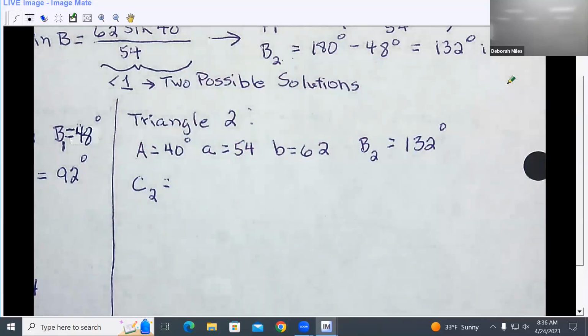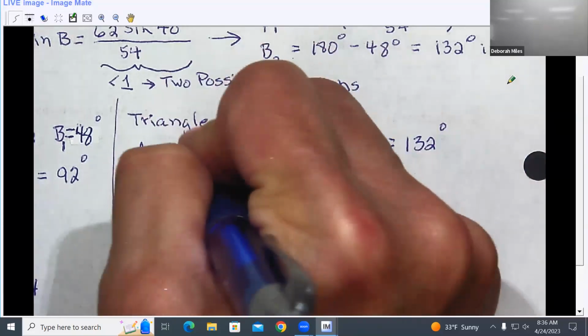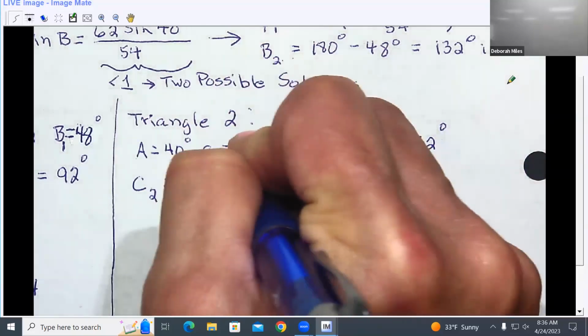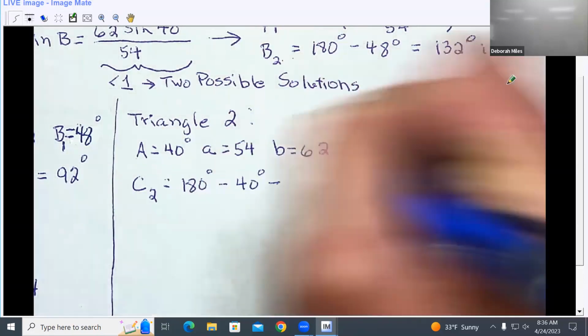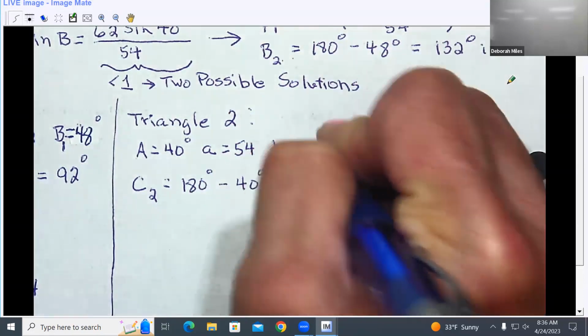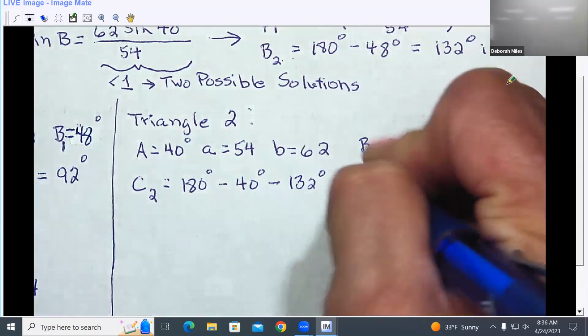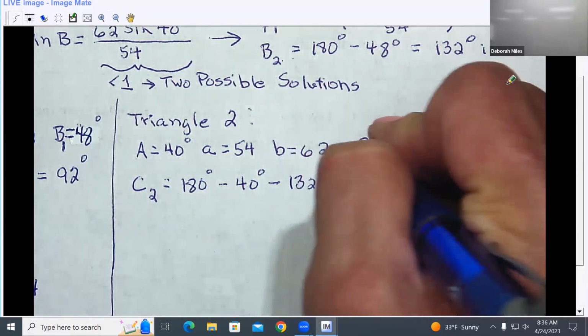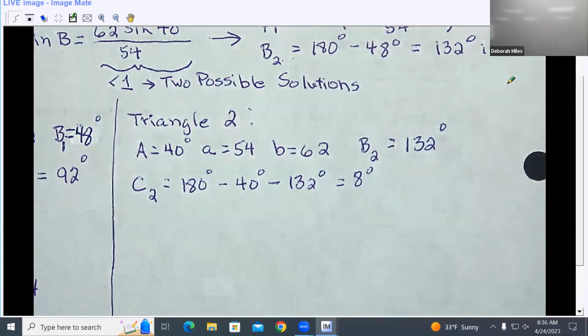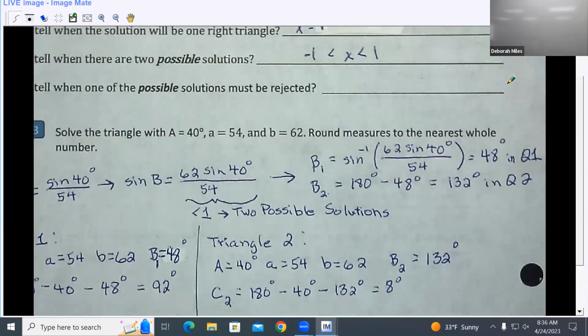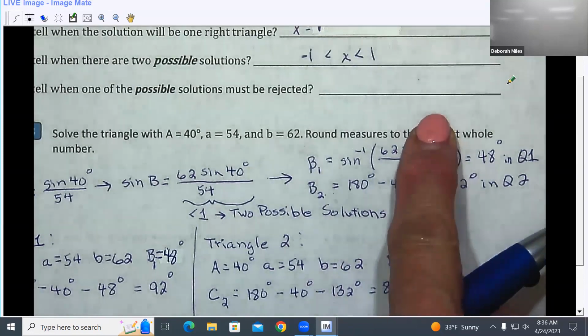C2 would be 180 minus 40 minus 132. That's just 8 degrees. Now think back to the question we skipped here.